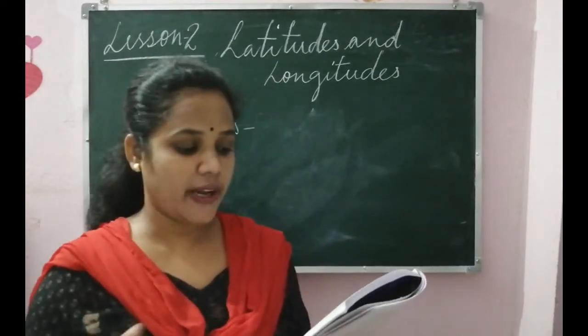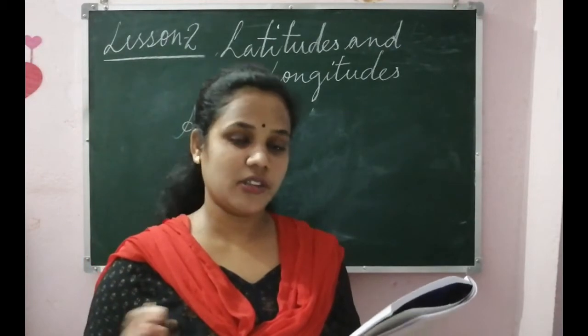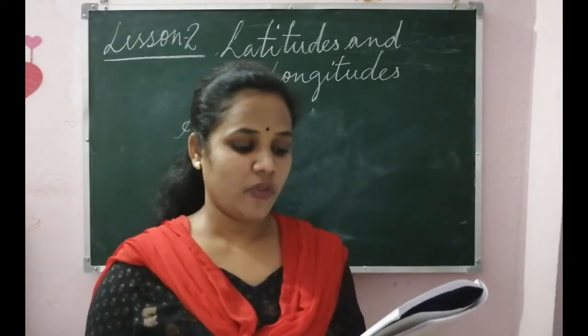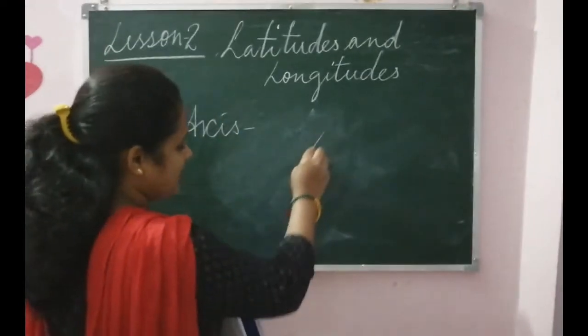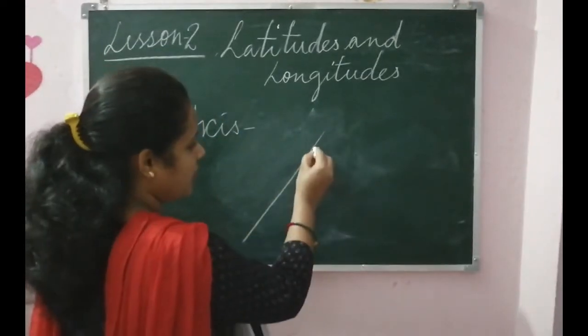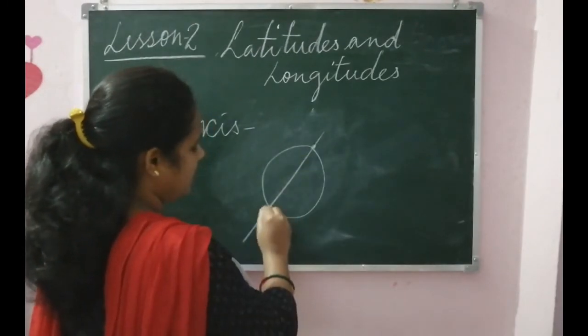Alright. There are two ends of the globe. One is on the top, another is on the bottom. One top is North Pole, another is your South Pole. So, like this imaginary line is there. Again I am drawing, and you have a globe here. So this and this.